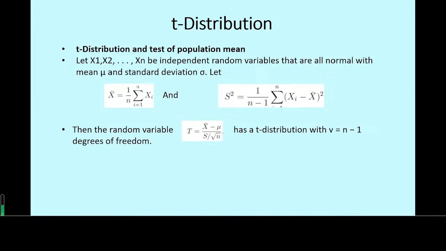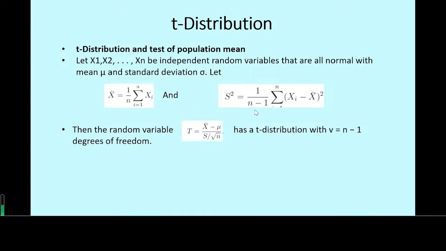The t-distribution is quite often used in the test of a population mean. So if x1, x2, up to xn are independent random variables from a normal distribution with mean mu and standard deviation sigma, we let x bar equal the sample mean and s squared the sample variance.